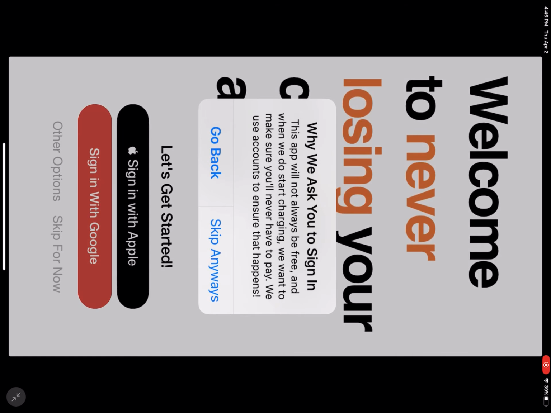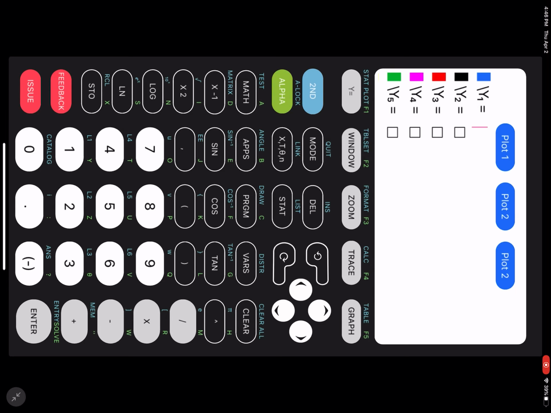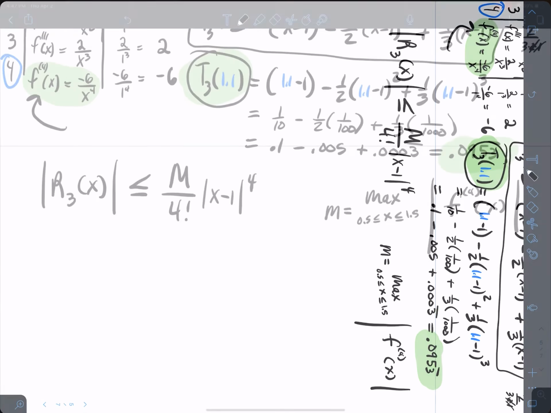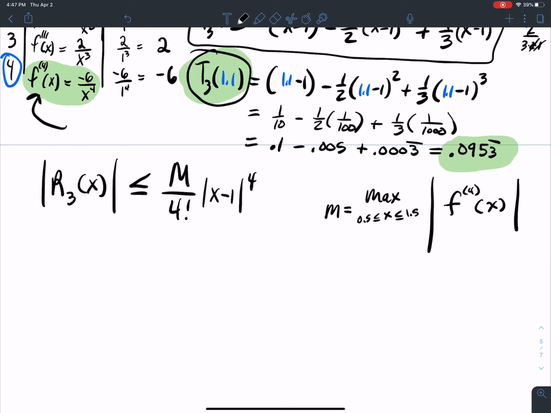If I graph this, negative 6 divided by x to the 4th, okay, that is my graph. Now, the problem is when I take the absolute value, all of a sudden the negative turns into a positive.